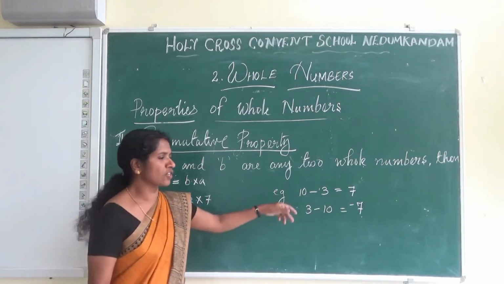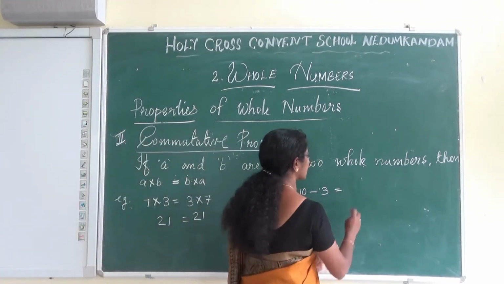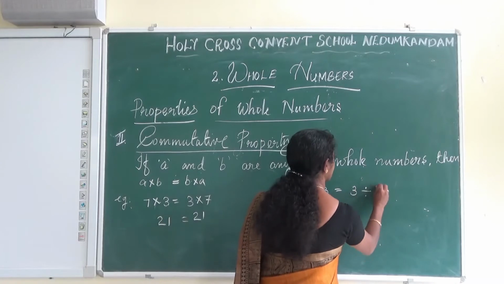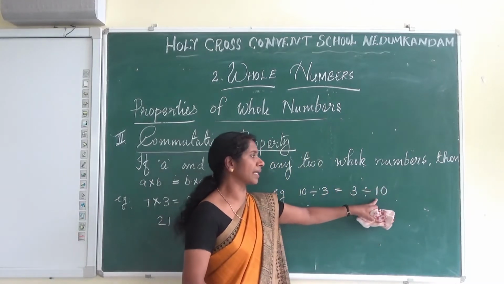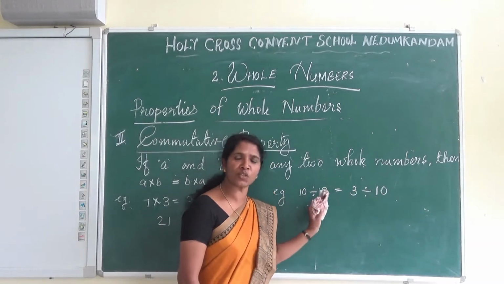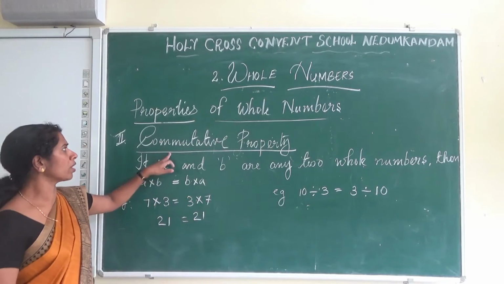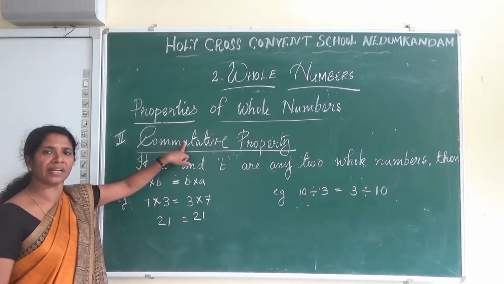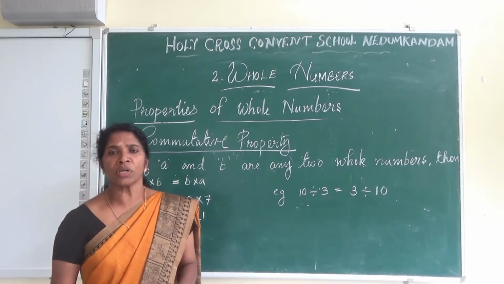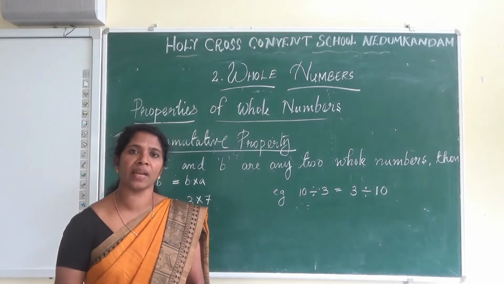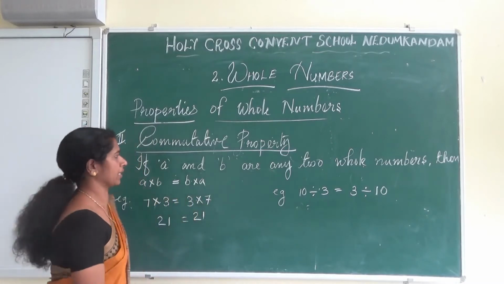In the case of division also it is like that: 10 divided by 3 and 3 divided by 10 are not equal. We will get different answers. So whole numbers are commutative under addition and multiplication. According to the commutative property, we can add and multiply the numbers in any order.